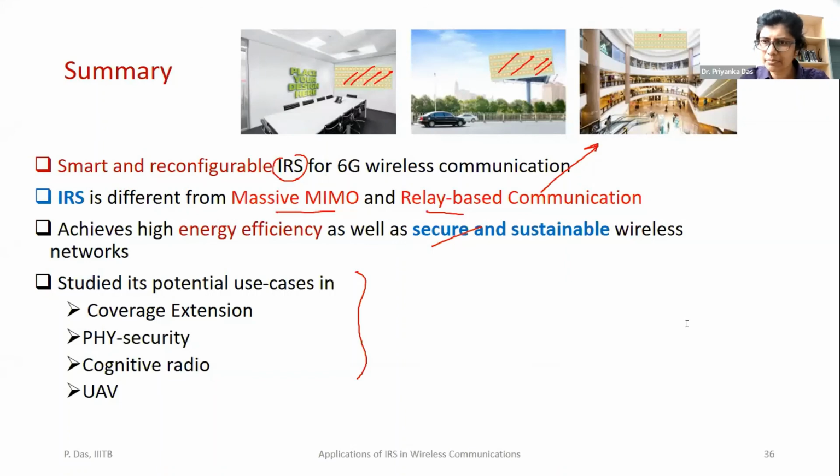Can multiple base stations use the same IRS to direct the signal to differently directed users? Interesting question. In practice, multiple base stations are not co-located.